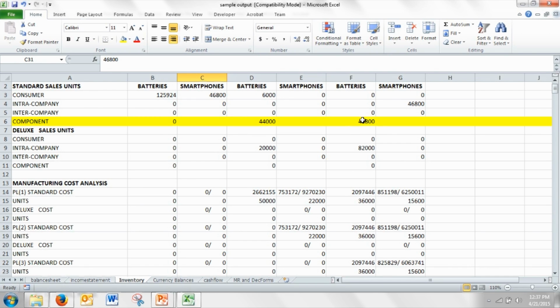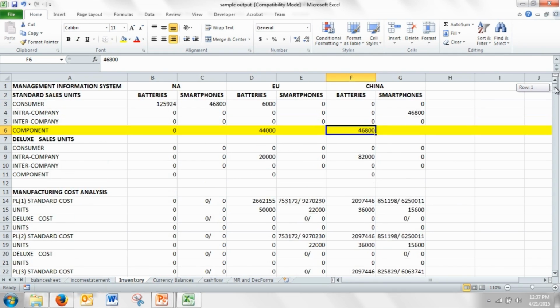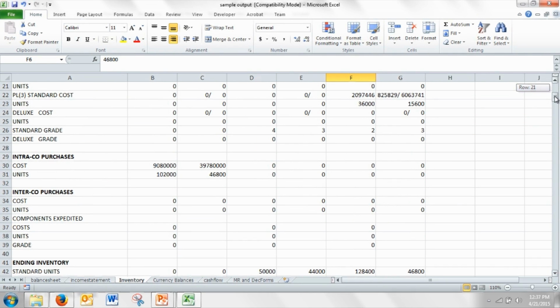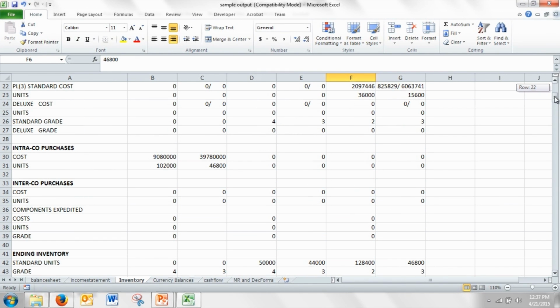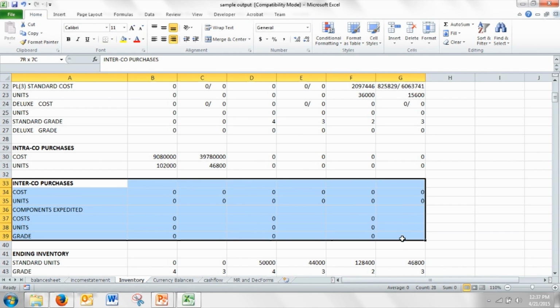Well, actually, most of the smartphones certainly did anyway, and the other ones, it looks like they came from Europe. So those are all supplied by yourself. Okay. There are no intercompany purchases. However, if you had purchased items from another team, that's where you would see them, under this intercompany purchases amount.